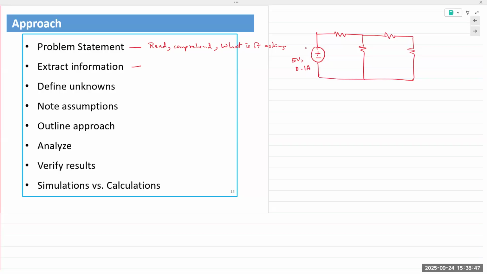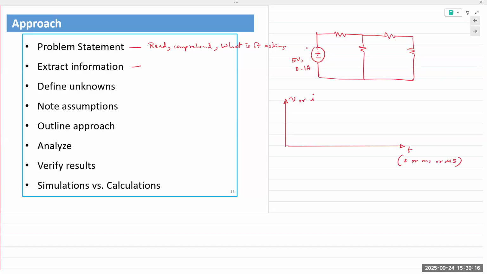And then lastly, you could also have a graph that describes a quantity. It's V or I, voltage, current, power, energy, doesn't really matter what kind of quantity it is. But pay attention. Time could be in seconds or milliseconds or microseconds.